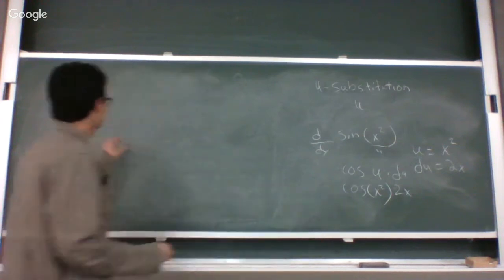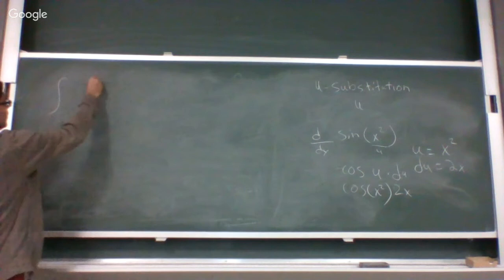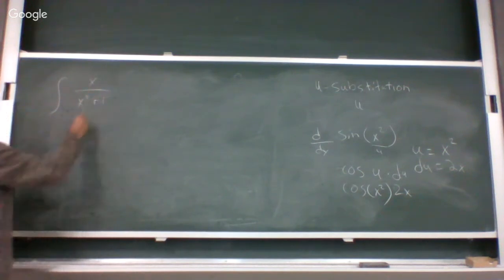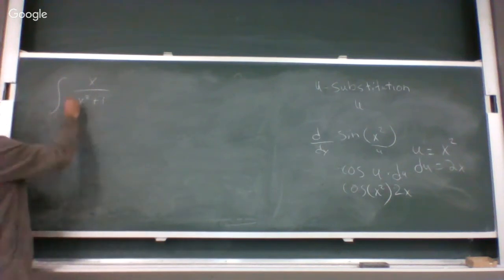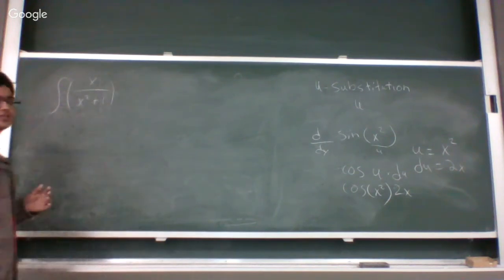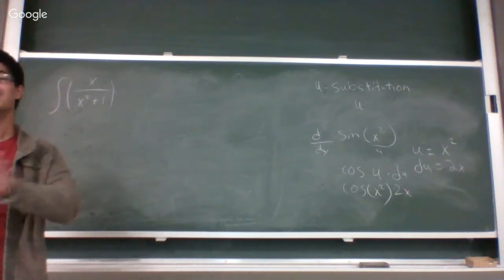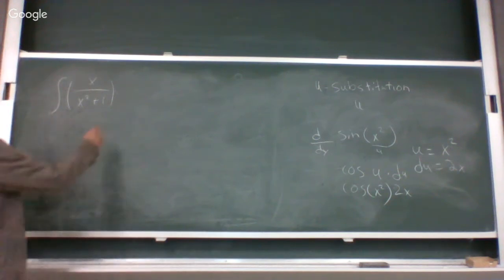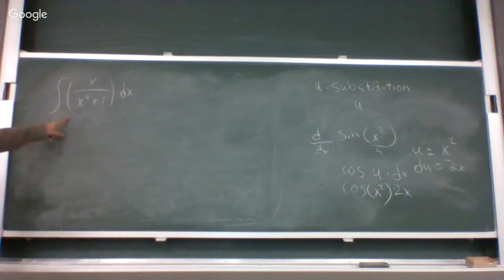If we have the integral of x over x squared plus 1, now this will get complicated, okay? Not as much as the test will be, but we will need to do this.